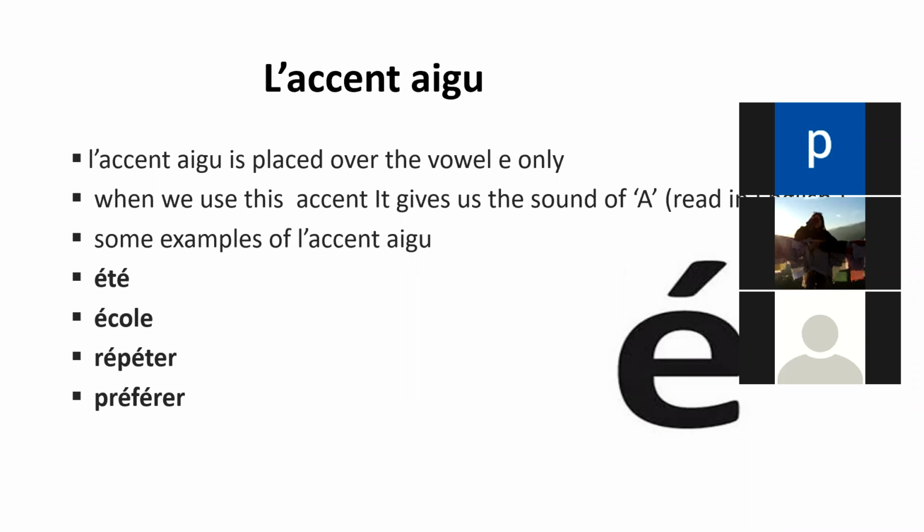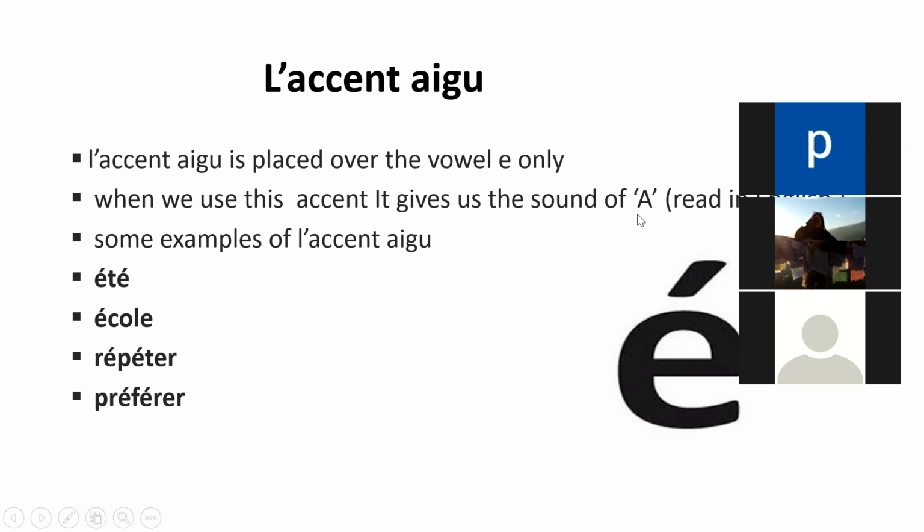You have to tell the characteristics of the accent. The very first characteristic is that it is placed over vowel E only. Is it clear? The second characteristic is that when we use this accent over E, it sounds like A.